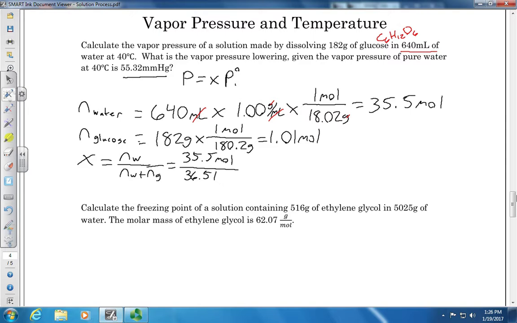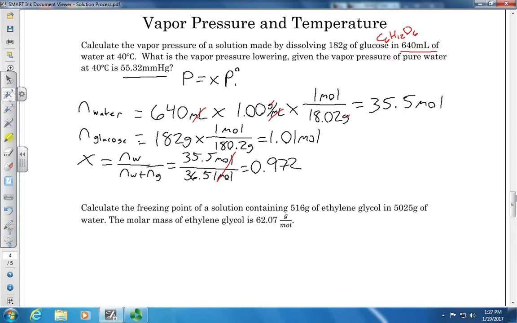Or you could just say 36.5. And that gives us 0.972. This is a unitless expression, because the moles canceled each other out.